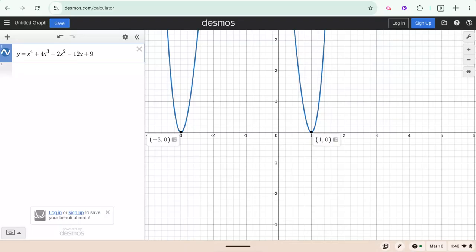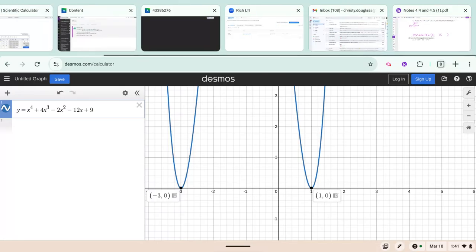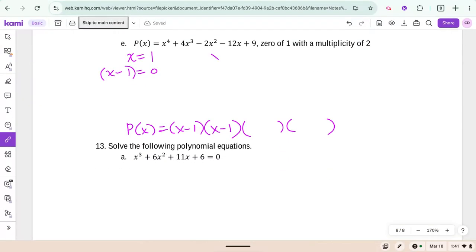It bounces off of the graph. That means I have two zeros with multiplicities of 2: negative 3 and 1. So negative 3 was another one if I add 3 to each side. So this is another one that appears twice.